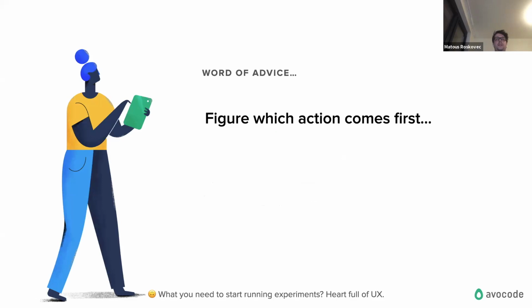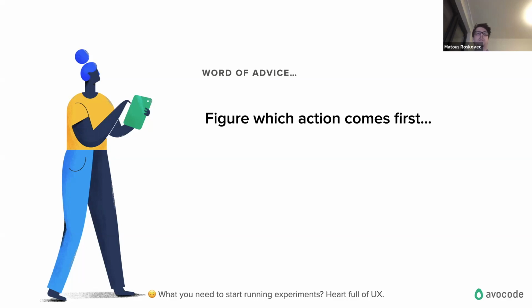Word of advice, because we're moving slightly towards the product, and I think this is going to be almost the last experiment that I'm going to show you: when you think of actionable copywriting, you need to know which action comes first. Because when people are on your website, sure, you might figure out what's the number one thing.